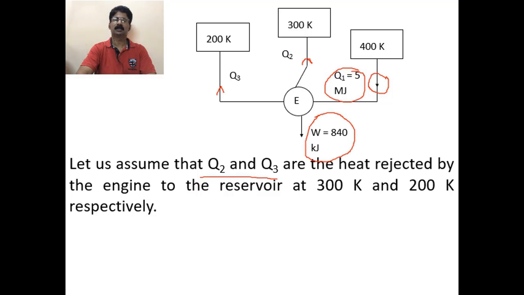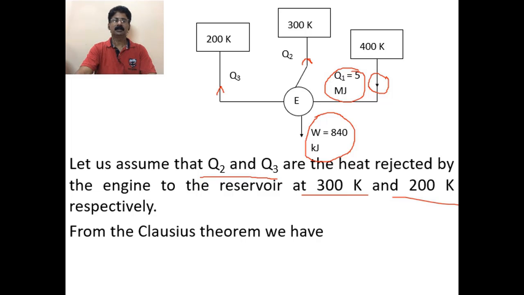Now both you can assume as rejected. If you get positive answers for both, then your assumption is correct. Suppose you get the reverse, then your assumption is wrong and you have to change the direction. So Q2 is with the 300 Kelvin reservoir and Q3 with the 200 Kelvin reservoir.